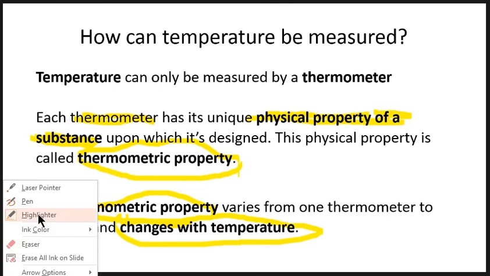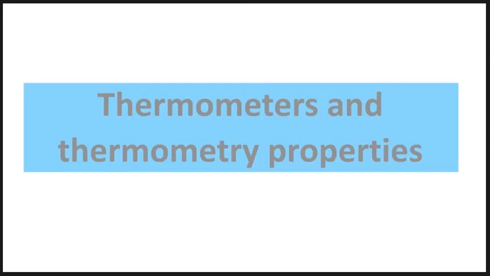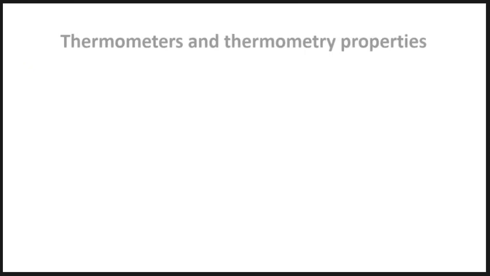So from here, since we have seen that it is the thermometric property that determines how a thermometer will measure temperature, at this point we want to see different kinds of thermometers and their thermometric properties, as well as each of their examples. So let's quickly take a look at that. We'll be looking at thermometers and thermometric properties.